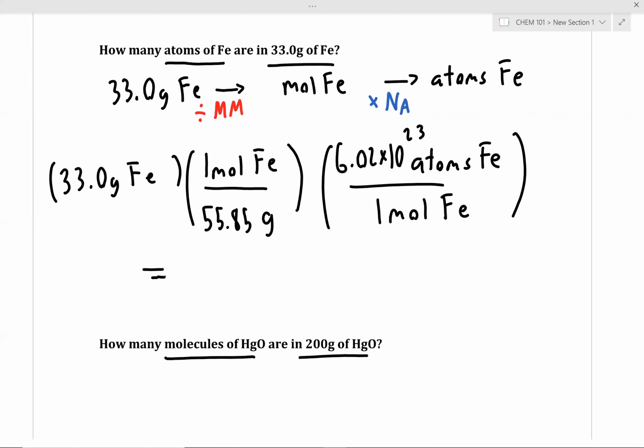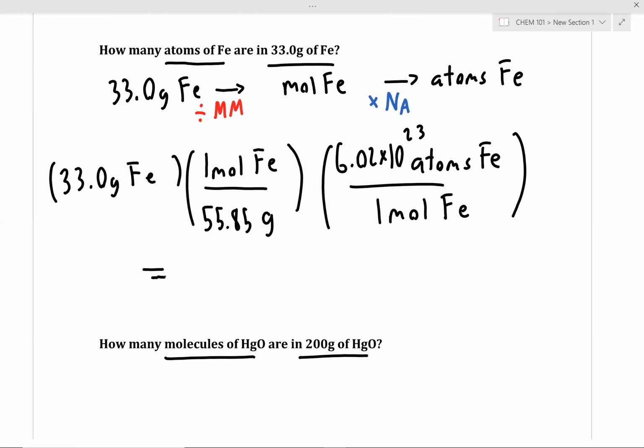And can everyone see the key presses okay on the calculator up front? Okay, so we're going to take 33.0 divided by 55.85. And then finally times Avogadro's number, which is 6.02 EE23.